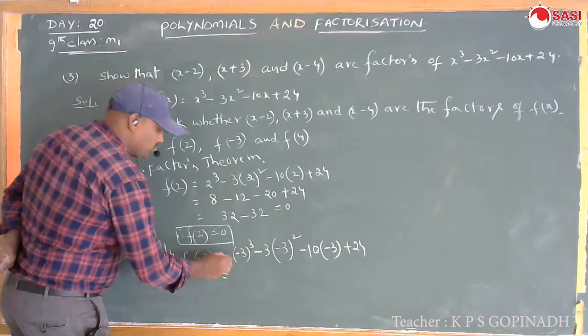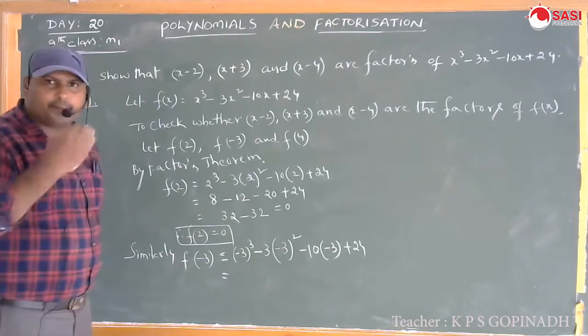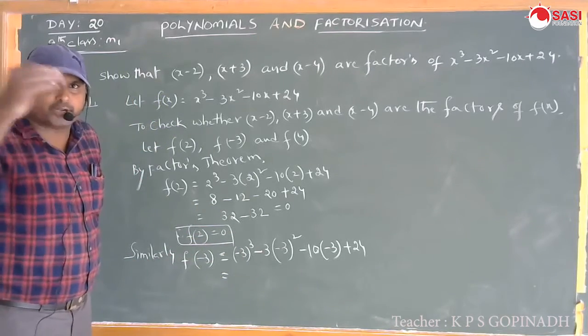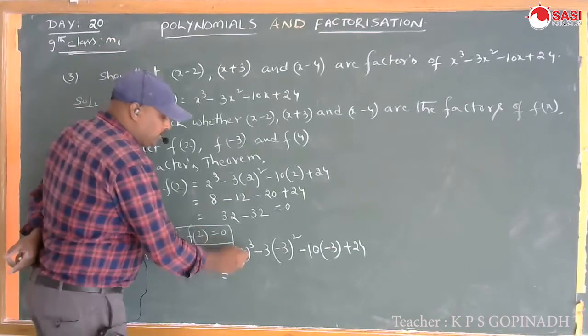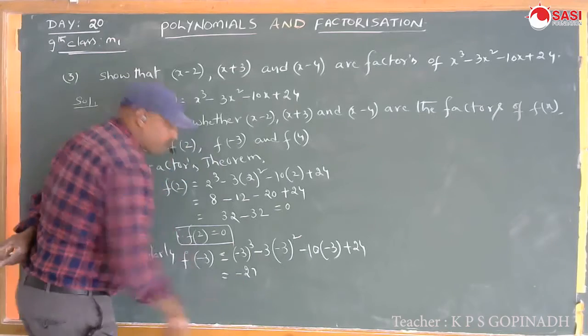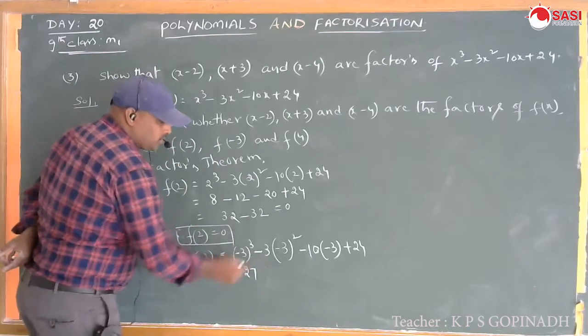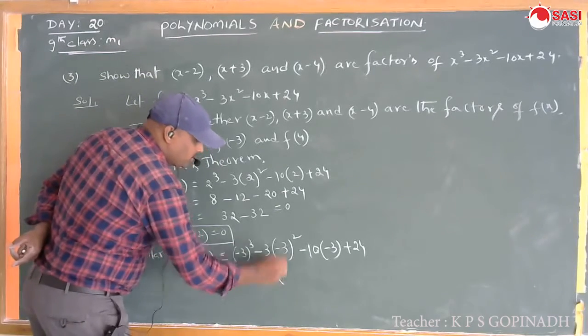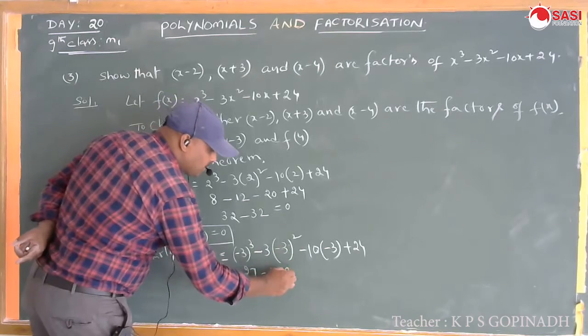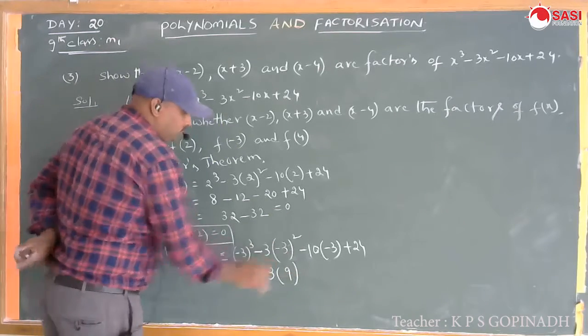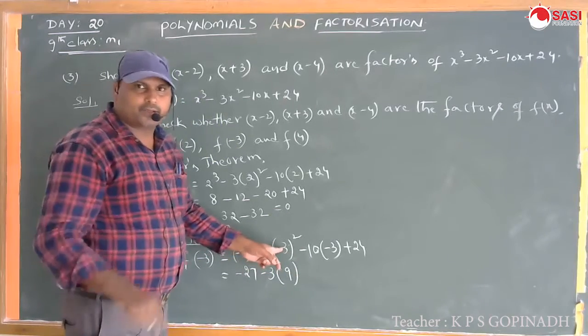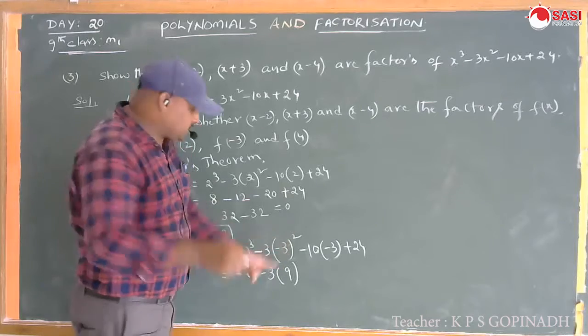Which is equal to minus 3 whole cube. Minus 3 whole cube means minus 3 into minus 3 into minus 3, that is minus 27. Next, minus 3 into minus 3 whole square means plus 9, minus 3 into minus 3, minus times minus is plus, 3 threes are 9.